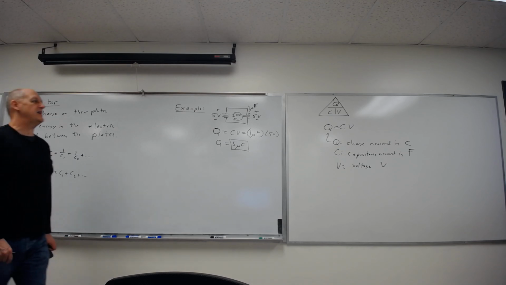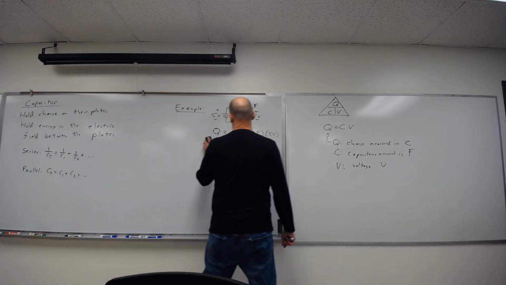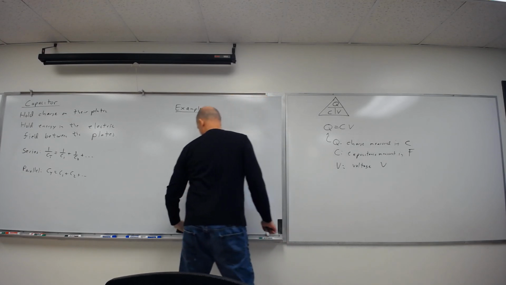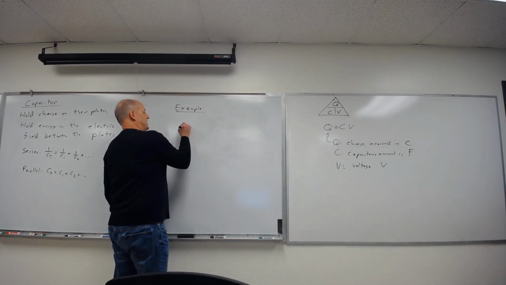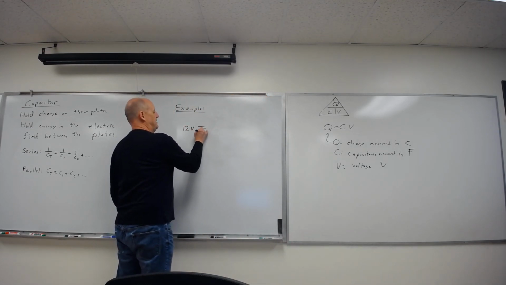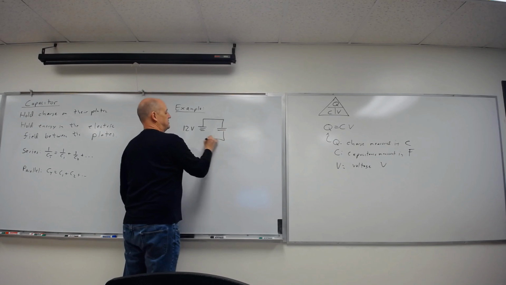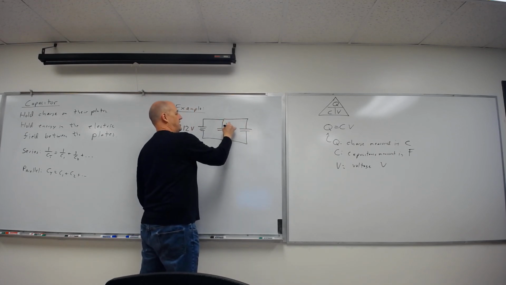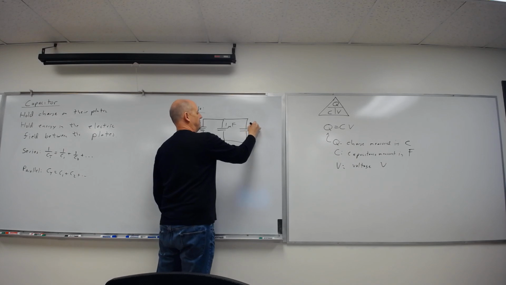So let's try that. Let's come over here. I'm actually going to do the parallel one first because it's easiest. All right, let's say I've got a 12-volt battery. I've got 2 capacitors. I have a 1 microfarad. I have a 5 microfarad.